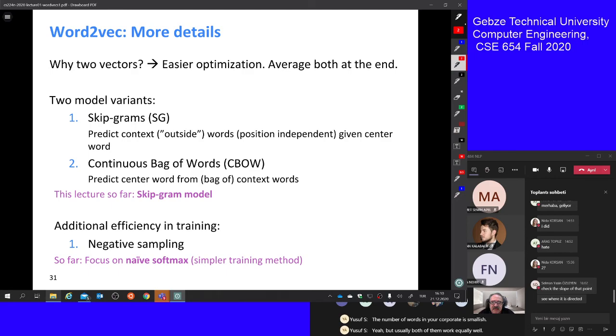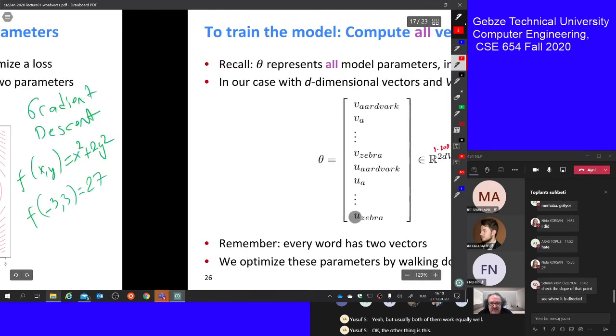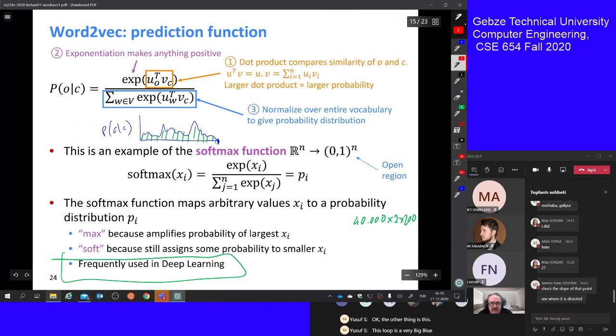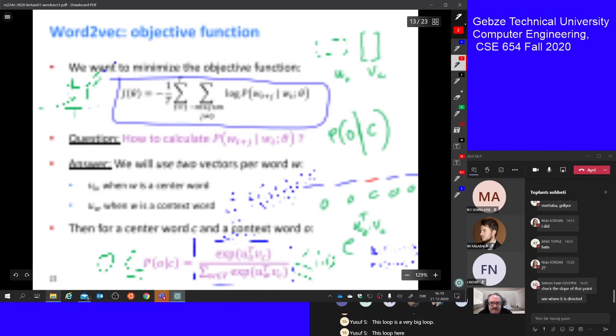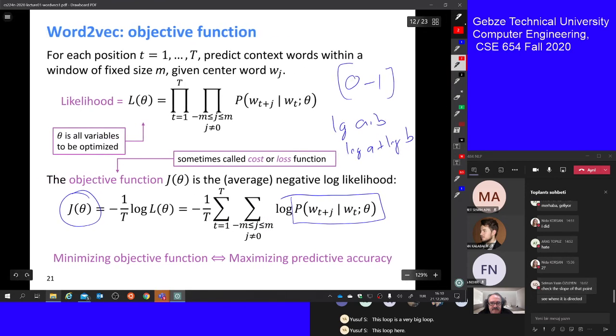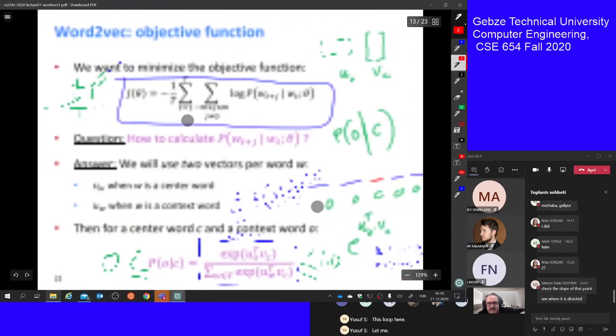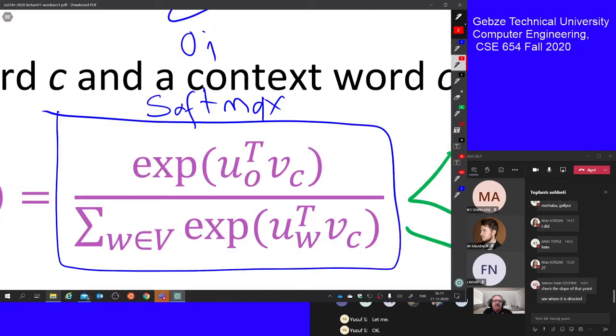Okay. The other thing is this. This loop is a very big loop, the loop under here. Why?